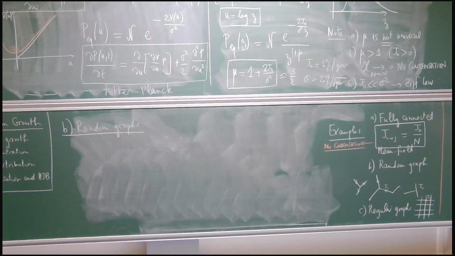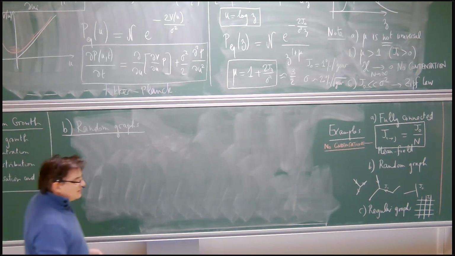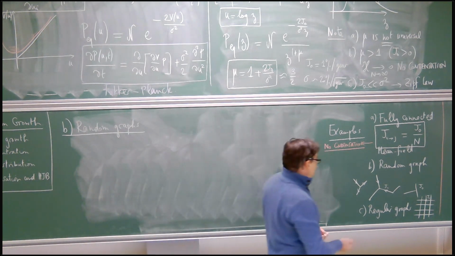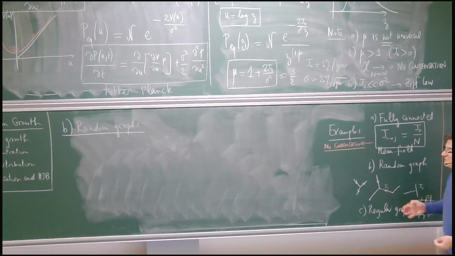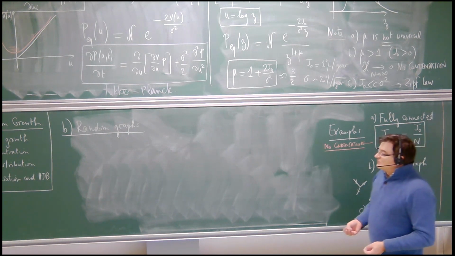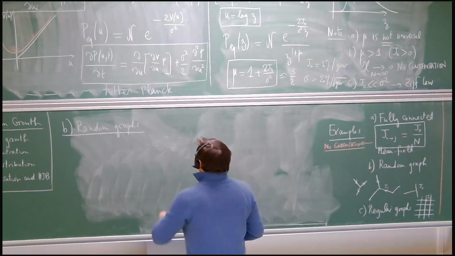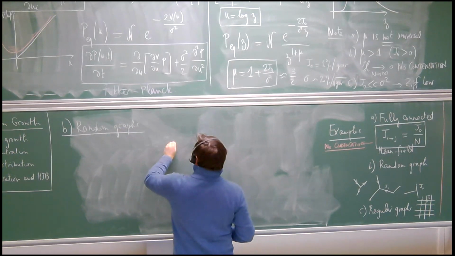So for the general case of a random graph, it must be specified, because random, what does that mean? And we'll see examples of random graphs later on in the lecture. So for example, the simplest random graph is called the Erdős-Renyi graph, where you draw at random the presence of a link or the absence of a link. There's also another type of graph, which are tree-like graphs.